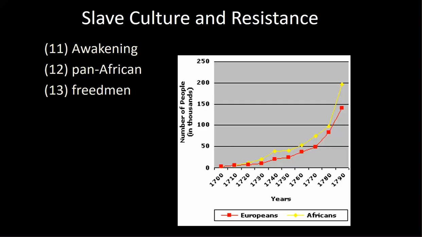Advertisements about runaways in the 1700s often described them by their African origin, looking for a Bambara man or a Fulani woman, and described them as having what Europeans called country marks, things like tattoos or stretched earlobes that would mark them as a member of a particular family or village at home.